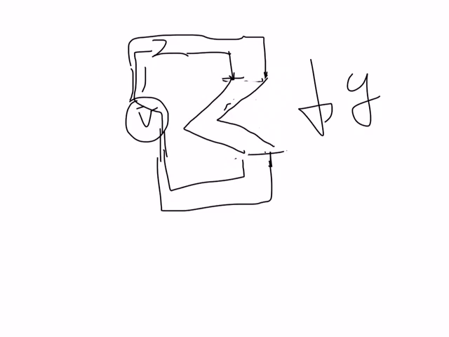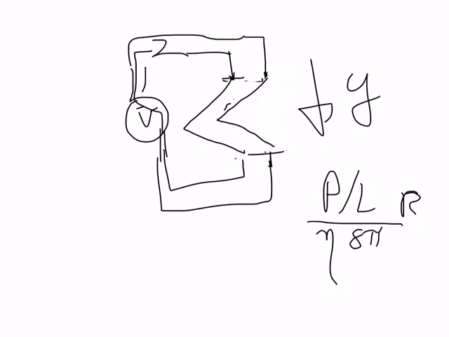Remember? There was a bit about pressure over length of the pipe divided by, there was an eta in here, there was an 8 pi somewhere, possibly here. Can't remember if it's a numerator or denominator. And there was also a function of the radius of the pipe to the fourth. We're going to have something similar here, not identical, but similar.